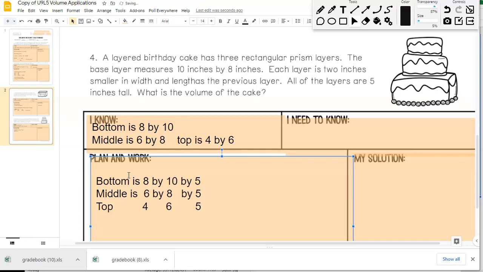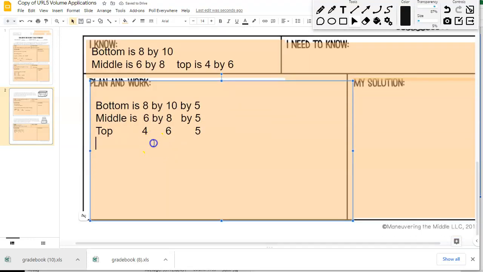So our volumes are 8 times 10 times 5. So that's 400. Not 100, 400. 6 times 8 times 5, and that's 240. And then 4 times 6 times 5, and that is going to equal 120.